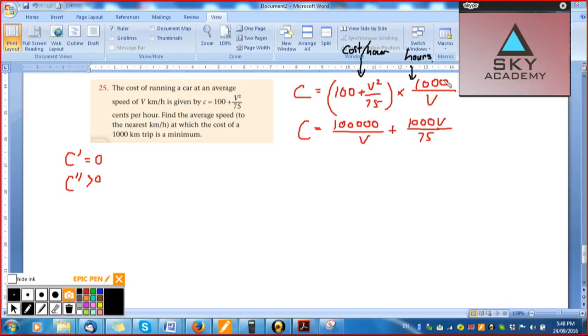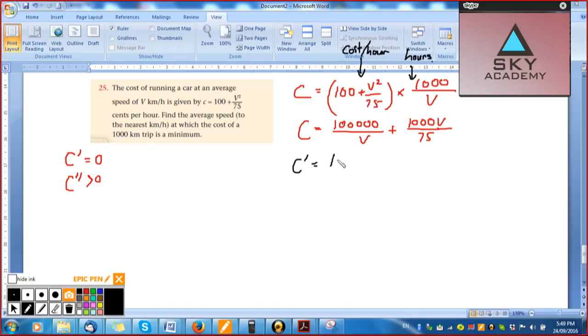That times that equals 1,000 over v. Got it? Once we've got that, then we work out c dash.